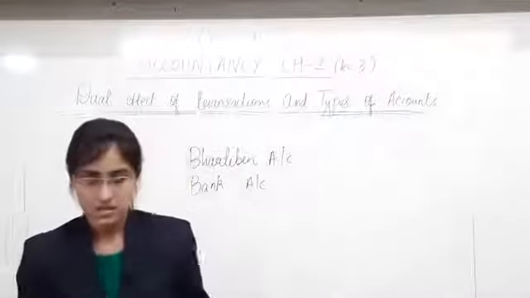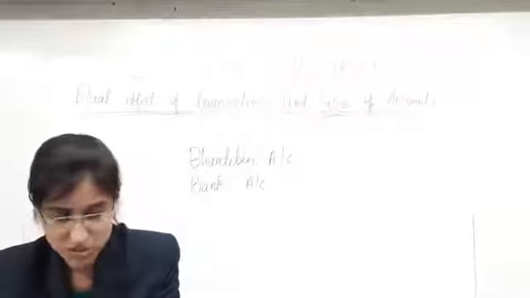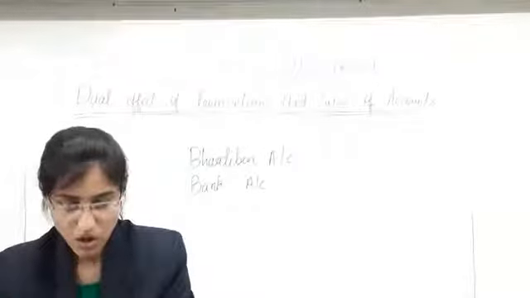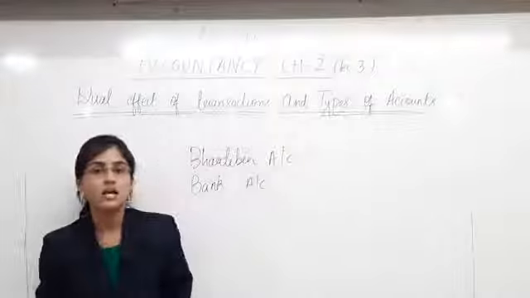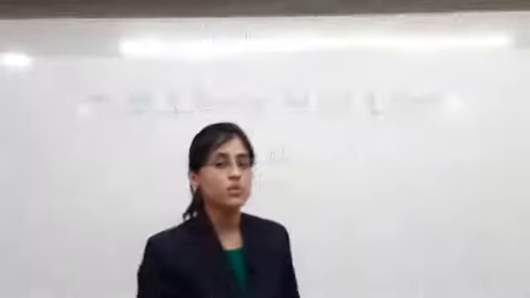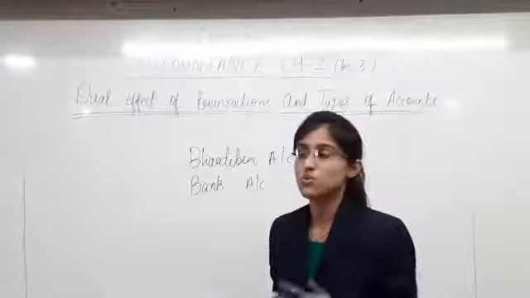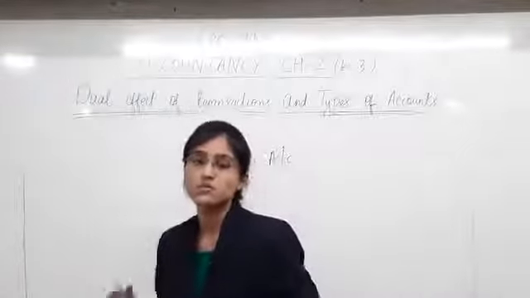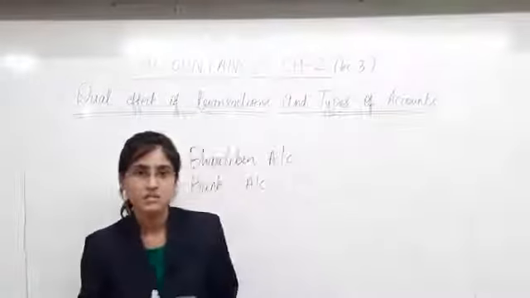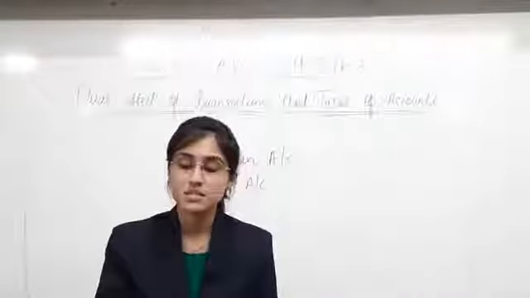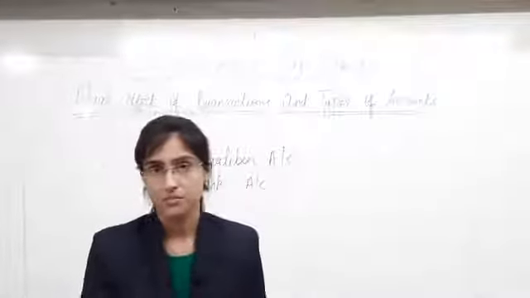Simple? Yes. Then the last transaction says Vipul gave a check for rupees 4,800. Who is Vipul? Vipul is my debtor, to whom I have sold goods of rupees 5,000 and then he has returned some. And now Vipul is giving me a check.